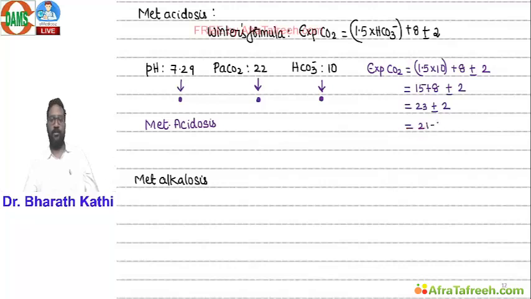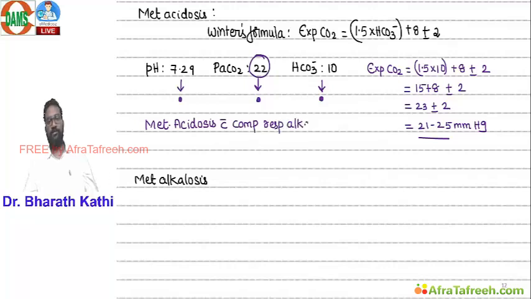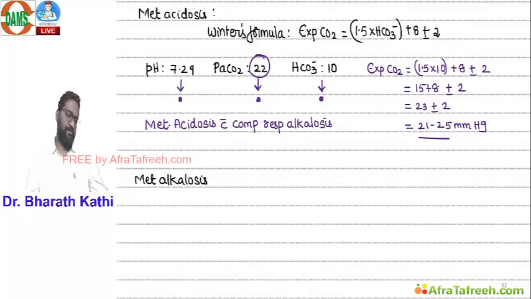It will be in the range of 21 to 25 mmHg. Given is how much? 22. Expected correlating. So this is a metabolic acidosis with compensatory respiratory alkalosis. This is how you should interpret.